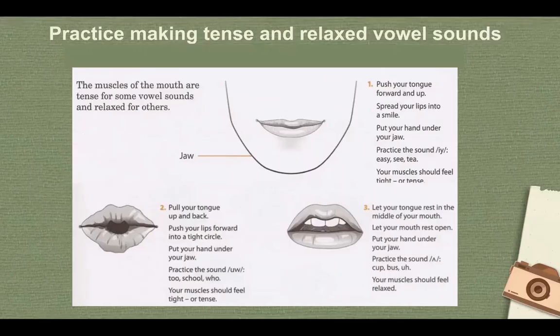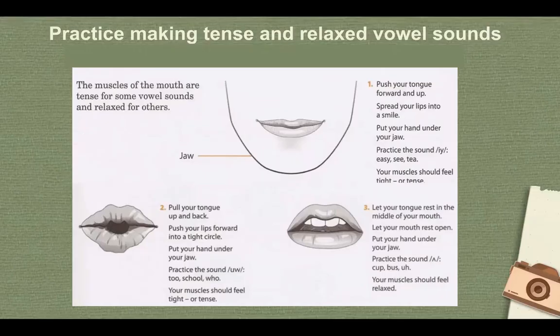And step 2, you pull your tongue up and back, put your lips forward into a tight circle, and put your hand under your jaw. Practice the sound /u/, like in two, school, who. So your muscles should feel tight or tense. And step 3, you let your tongue rest in the middle of your mouth and let your mouth rest open.